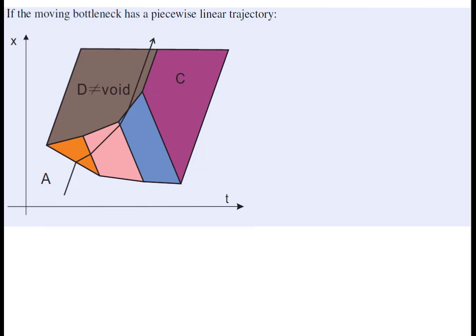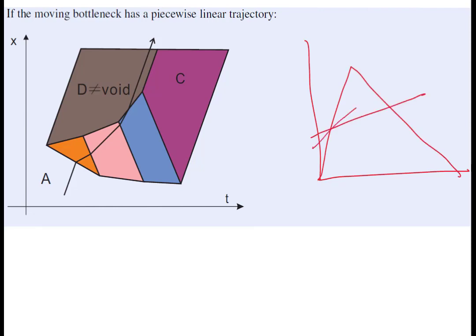Let's finish with piecewise trajectories. This is like a zoom-up version. Now we're saying that the moving bottleneck accelerates in this way. So here we have 3 speeds, and let's assume point D is the same for all.